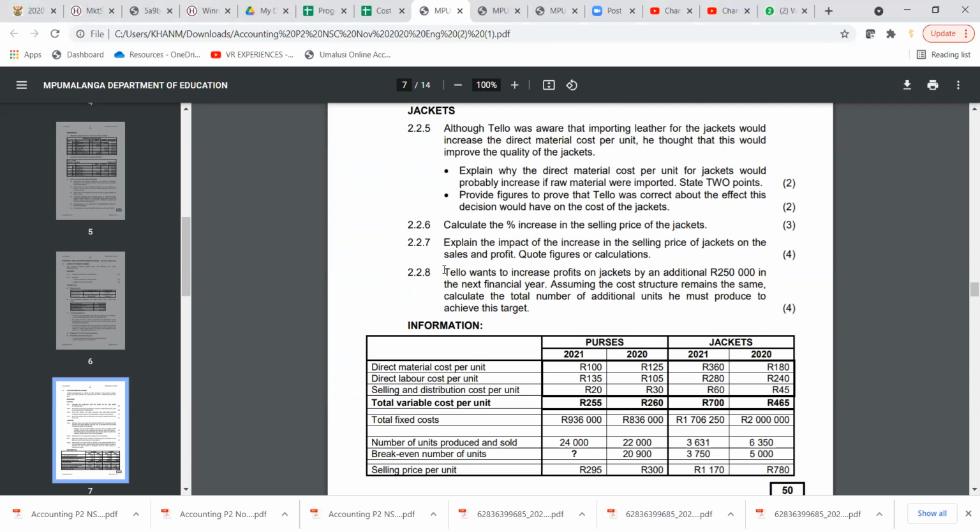Okay, so we will have to find out how much we would need to sell in order to get an additional 250,000 Rand. Okay, so we just use a break even calculation.